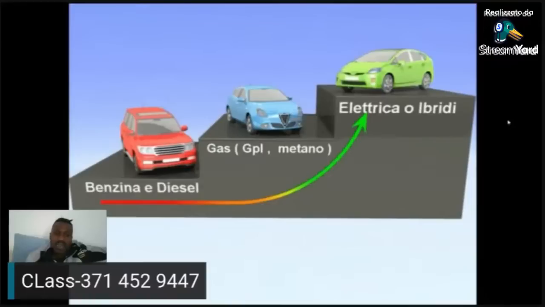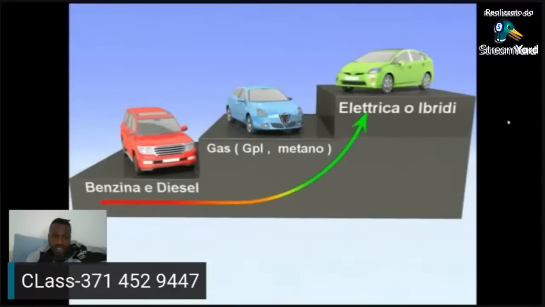These are the kind of vehicles positioned according to how much they pollute. Position how? According to how much they pollute. So now we know that benzene pollutes more than diesel. Gas, GPL, metano, pollutes less than benzene and diesel. We know that electric and hybrid vehicles, they do not pollute at all.